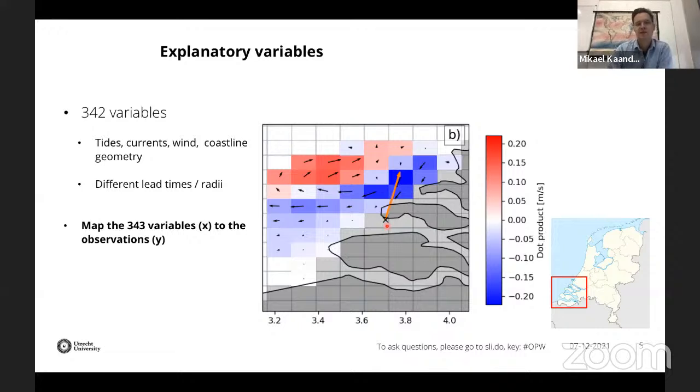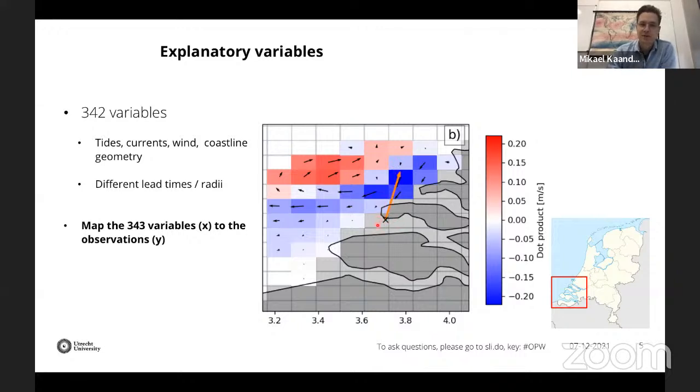And also, as you can imagine, these variables might have a radius of influence. If you look at the transport of litter, we also want to know what the currents are further away from this measurement location. So that's also why we took into account different radii of influence. And finally, we also want to take into account directional information. So for this beach here, we calculated the orientation, which is this orange arrow, as you can see.